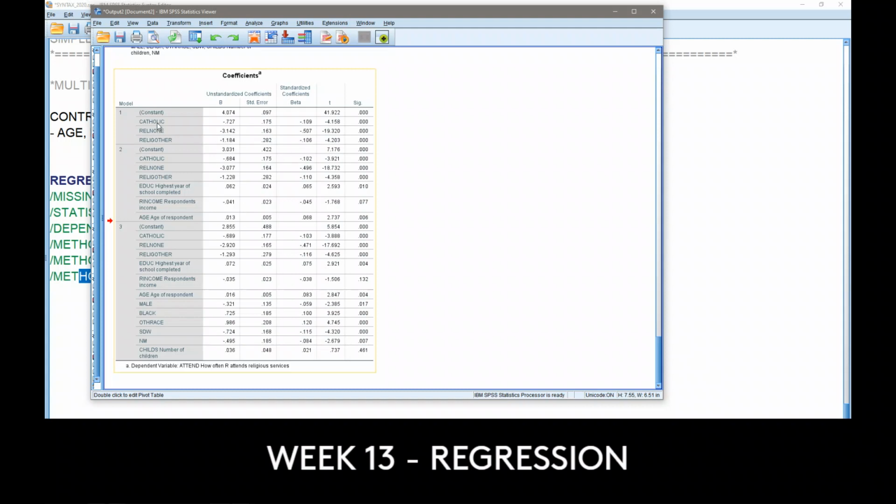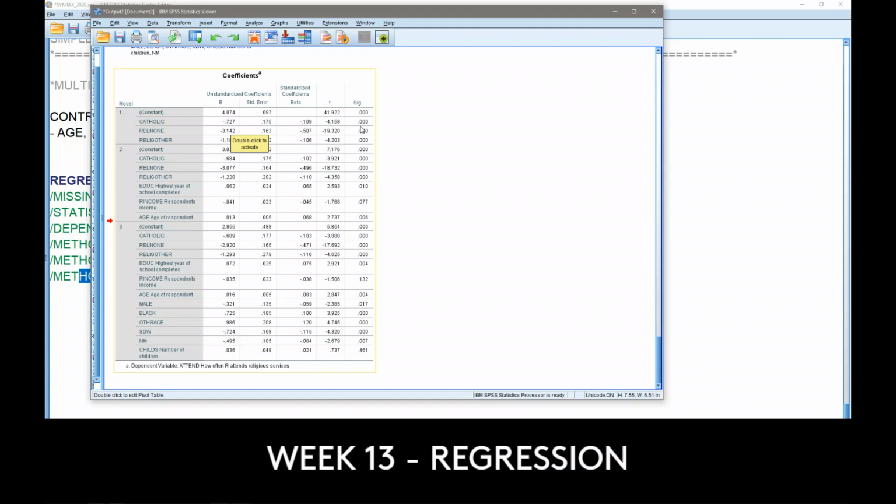So this tells us that these 3 groups, Catholics, no religion, and other religion, they all have decreased levels of religious attendance when compared to Protestants, because Protestants is the omitted group. So these 3 all have negative values, which means that their levels of religious attendance is less than individuals who identify as Protestants.